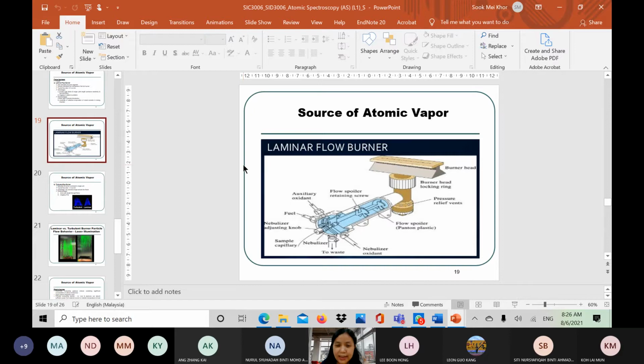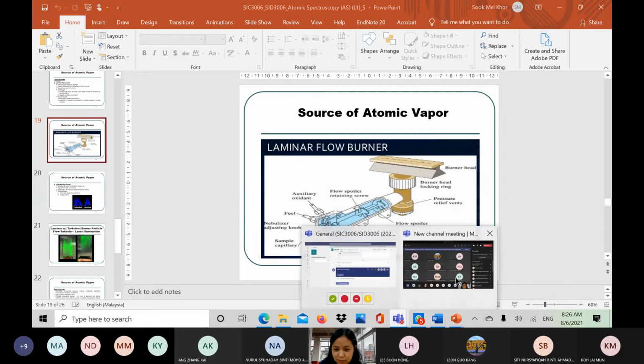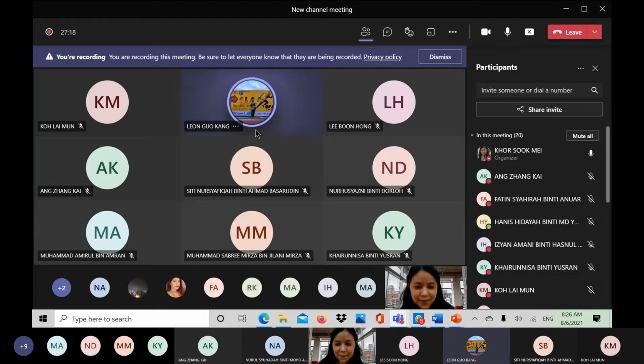The excitation in AAS is not about the aspiration rate or the flow rate. Aspiration and flow rate are related to the atomization. So the excitation of the ground state totally comes from the light source. Is it okay, Leon? Okay. You mean the efficiency of atomization has no impact.